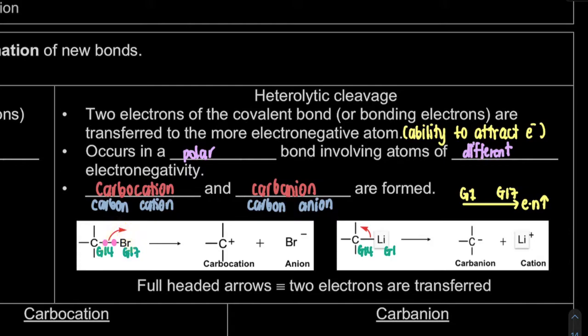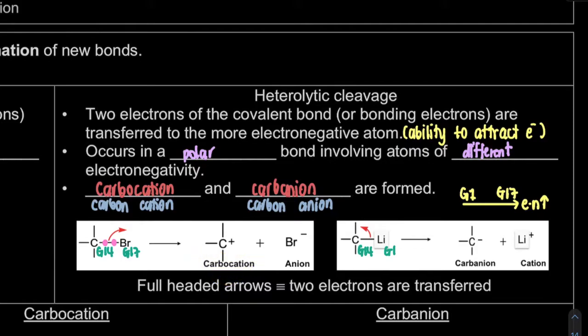Once the bond is broken, because the carbon donated the two electrons, it has fewer electrons, so it becomes positively charged. Because the bromine accepts the electrons, it becomes negatively charged.